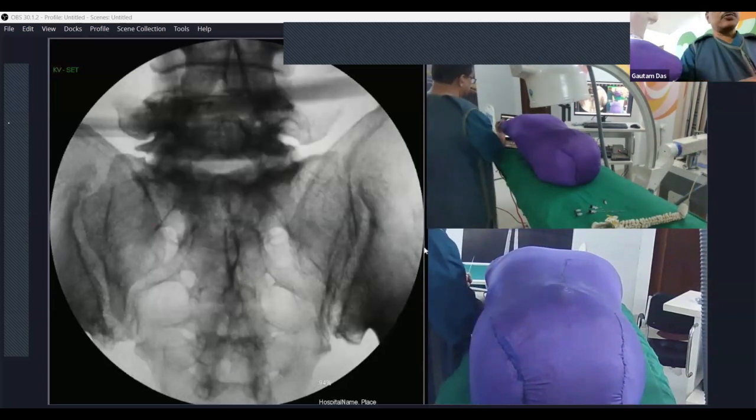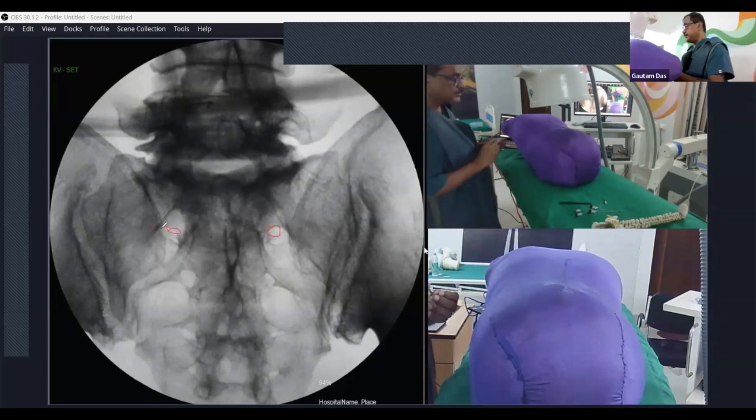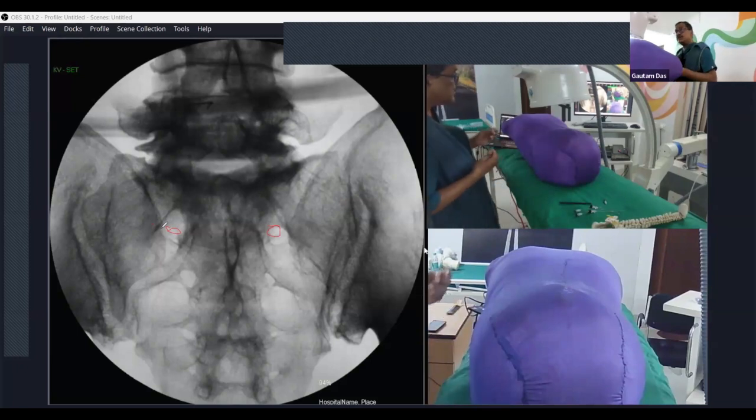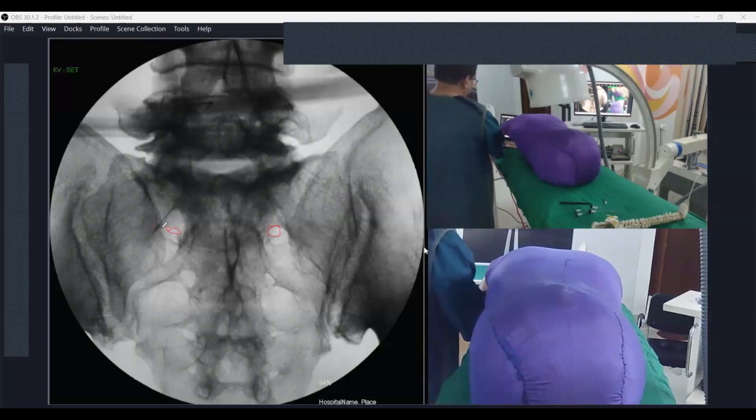See this part of the foramen, the ventral foramen and dorsal foramen are aligned. So that will be my entry point. I'll be entering through that foramen and going into the ventral foramen, as I told you, entering through the dorsal foramina and going into the ventral foramen.